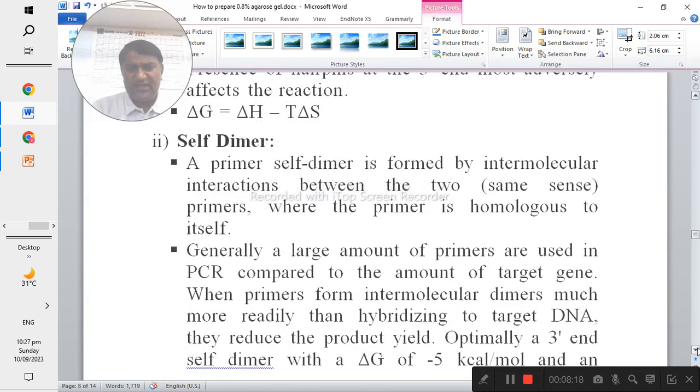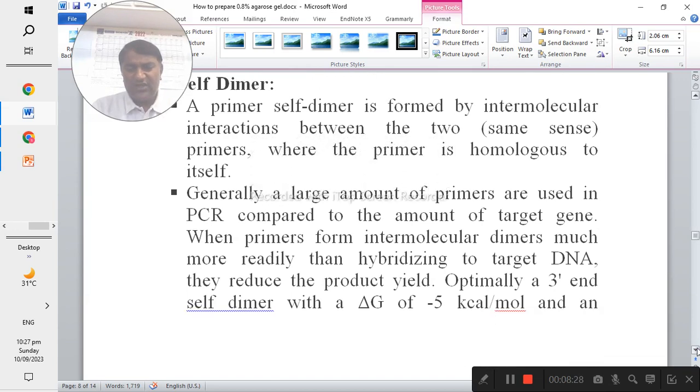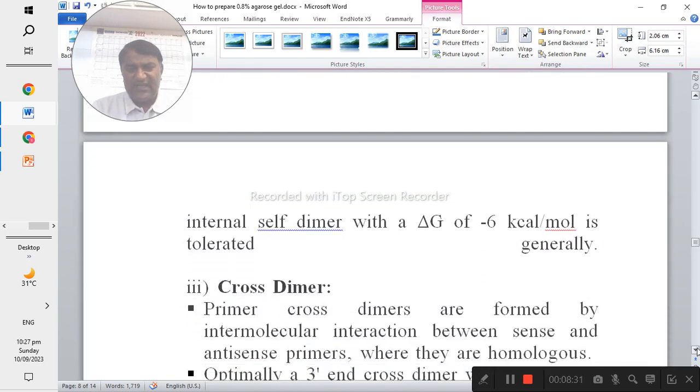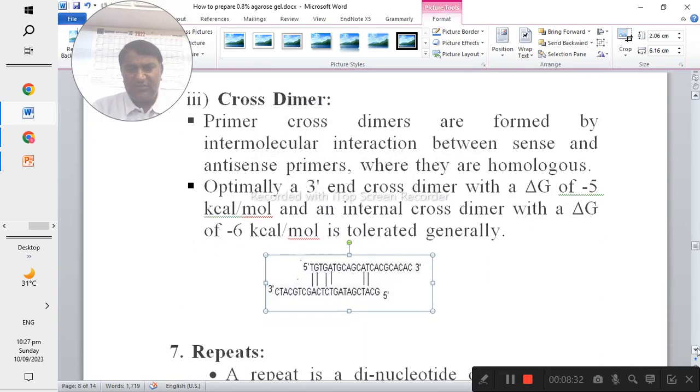Primer self-dimer is formed by intermolecular interaction between two same-sense primers, where the primer is homologous to itself. Next, cross dimers are formed by intermolecular interaction between the sense and antisense primers, where they are homologous. You can see this in this structure.